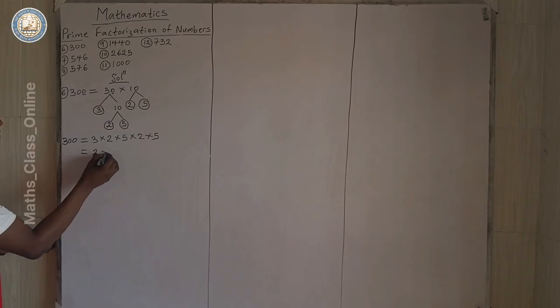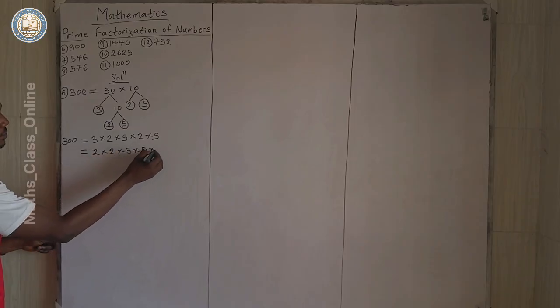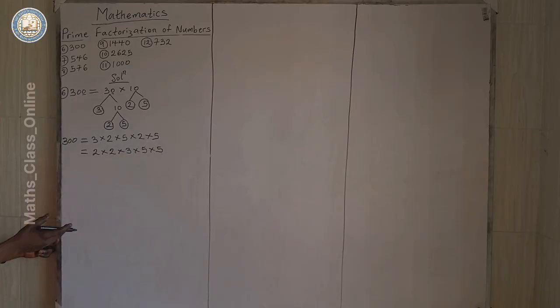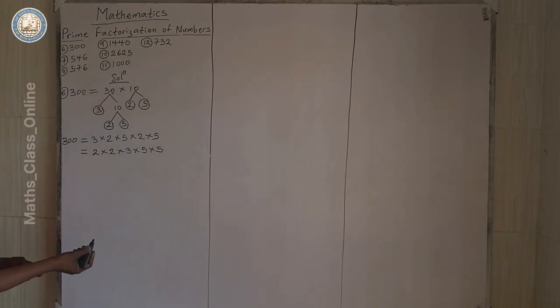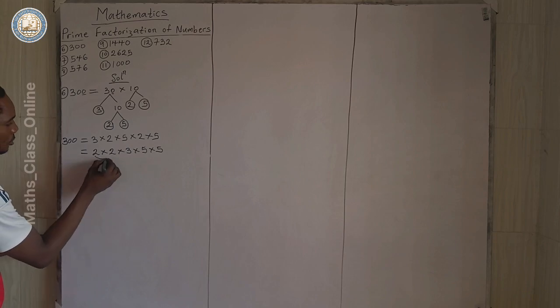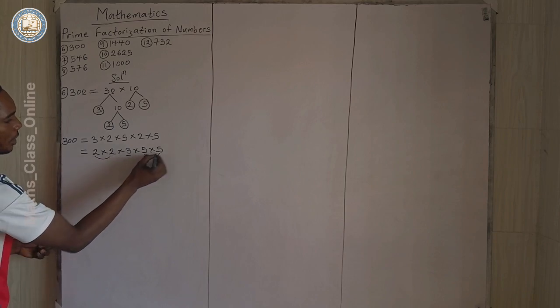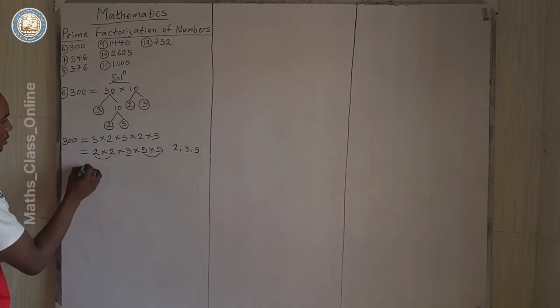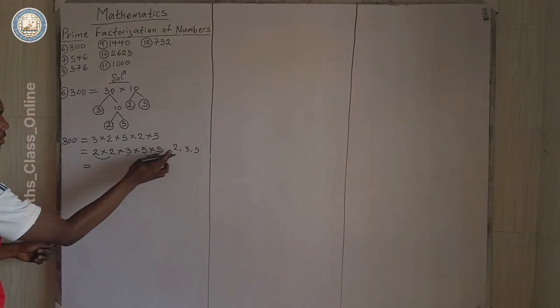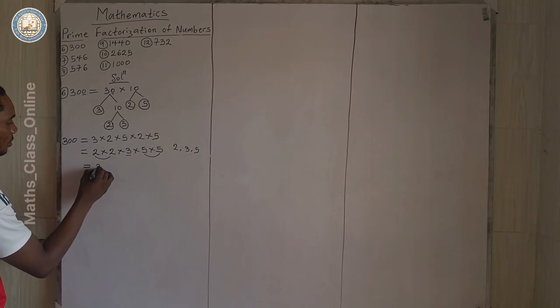We have 2 times 2 times 3 times 5 times 5. I can still write this in index form. The prime factors that we have here are what? 2, 3, and 5. To write this in index form, prime factor that we have is 2.